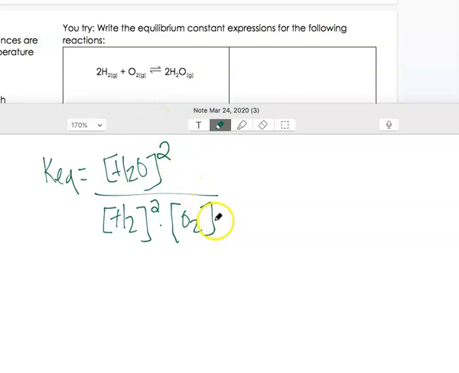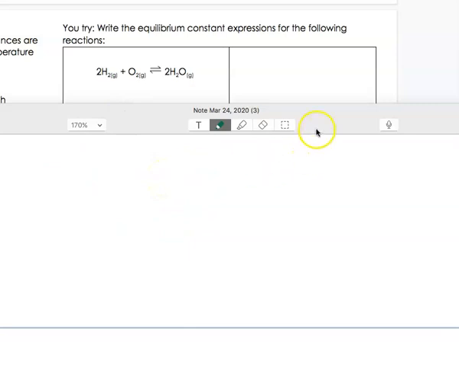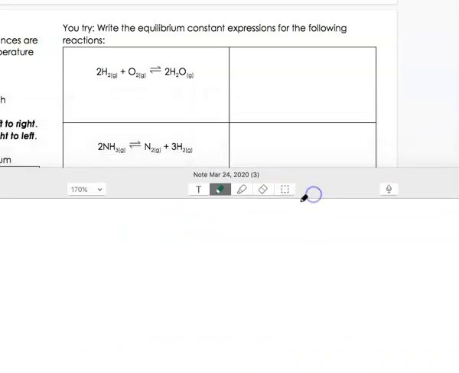So that means that we could just put a 1 there or just ignore it because anything to the power of 1 is the same, right? So that's how you would write the expression for this first equilibrium reaction.